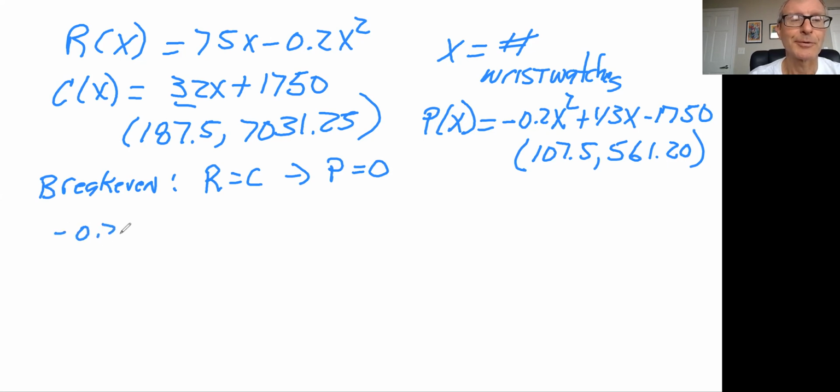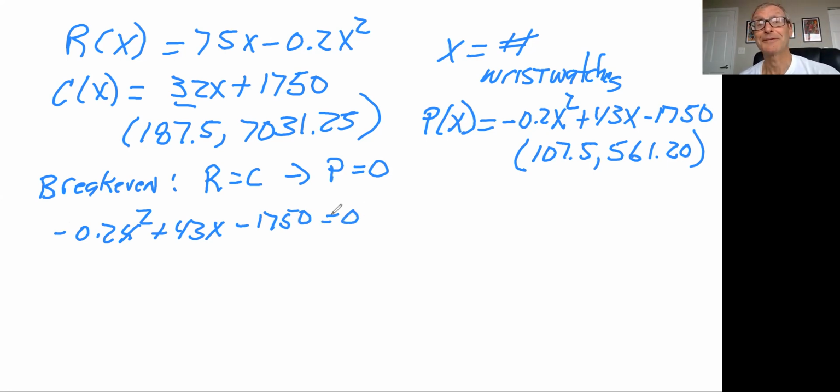So we have negative 0.2x squared plus 43x minus 1750, and that equals 0. So here's a perfect example where this is not factorable, and the only way to solve this is to use the quadratic formula. When we set it up, we have minus b. Let me put these values down here.